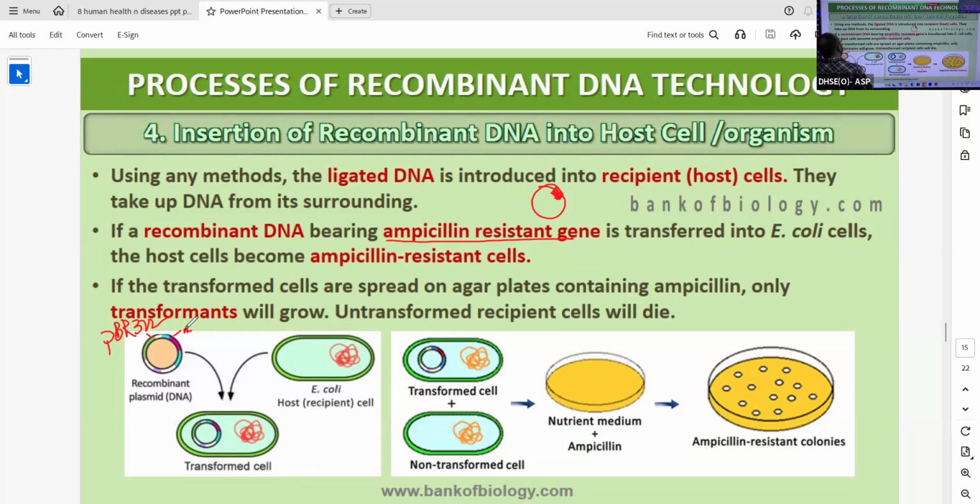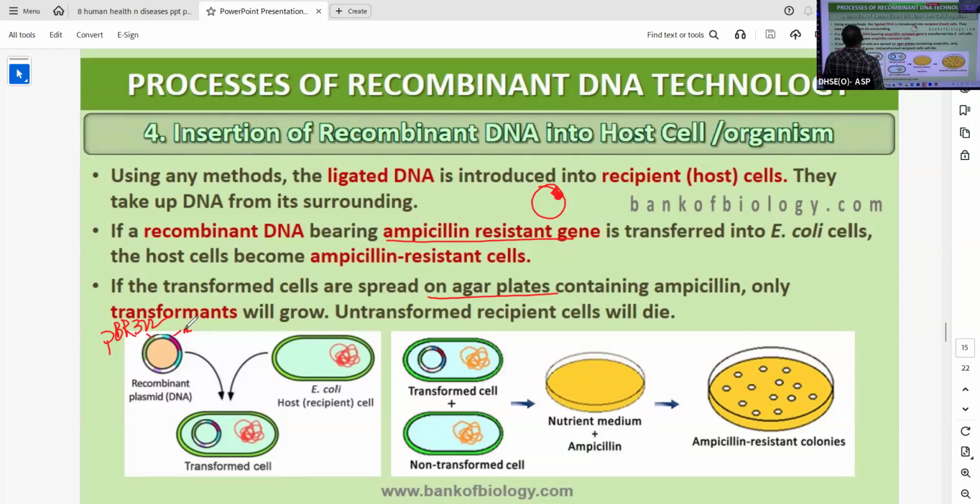Now, if the transformed cells are spread on agar plates containing ampicillin, then the bacterial colony will still be alive, but if there is no ampicillin resistant gene, the entire colony will be dead.